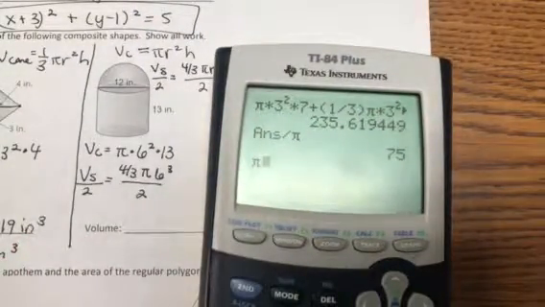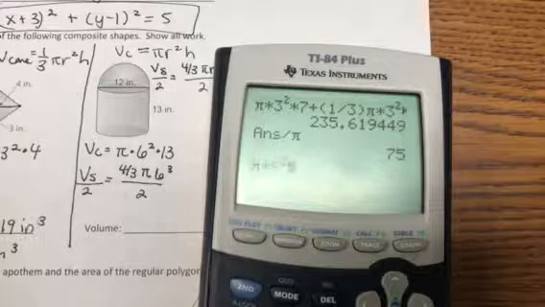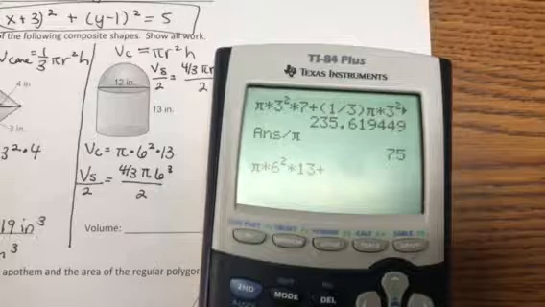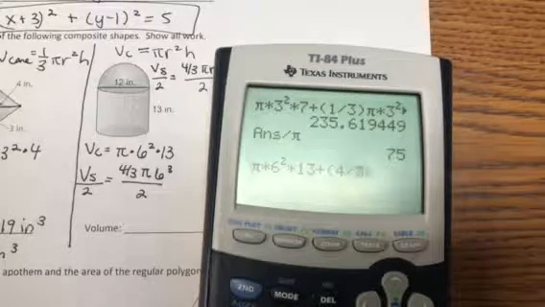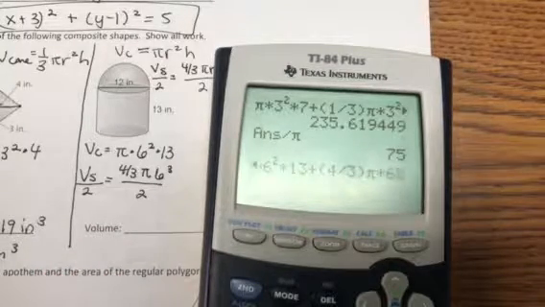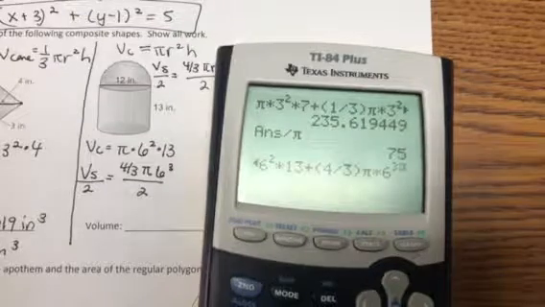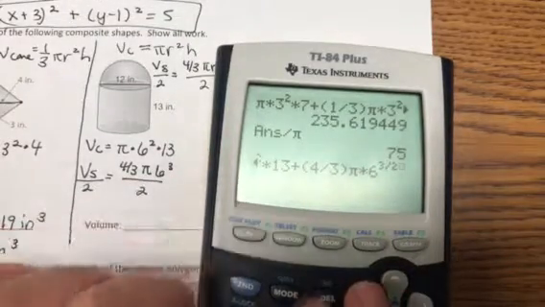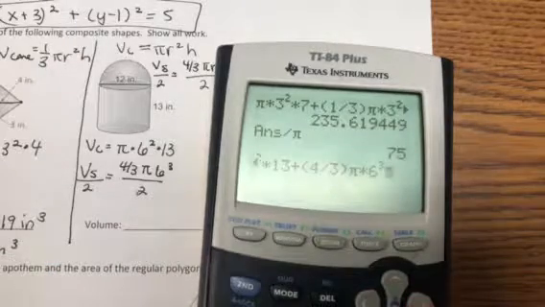Pi times 6 squared times 13 is the cylinder, plus, and the calculator knows the order of operations, 4/3 pi times 6 cubed, and then I want it to divide all that by 2. Oops, I don't want that 3/2 to be my exponent.